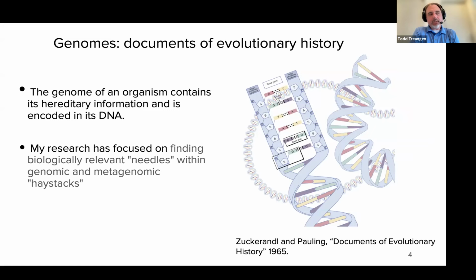Since my postdoc, I've become fascinated with bacterial genome evolution, and currently metagenomics. Specifically, my research is focused on finding biologically relevant needles within genomic and metagenomic haystacks. In fact, during my PhD, I dreamt of the day where we would have tons and tons of data. At the time, we really only had a handful of genomes for any specific bacteria of interest.